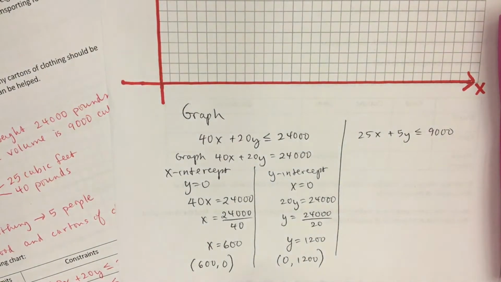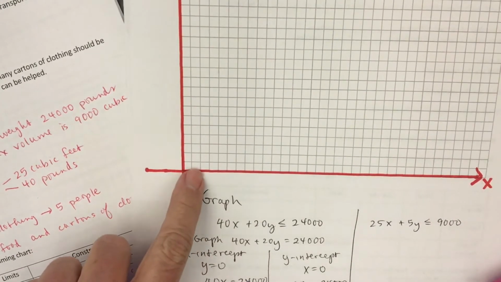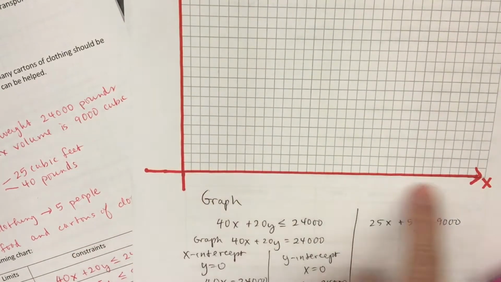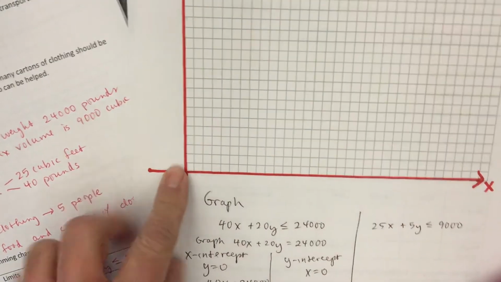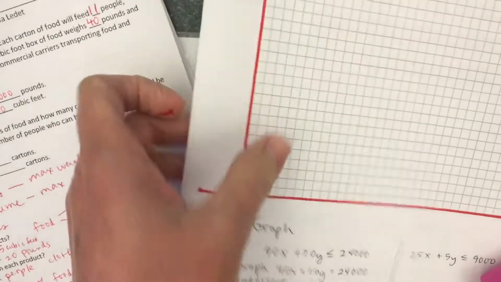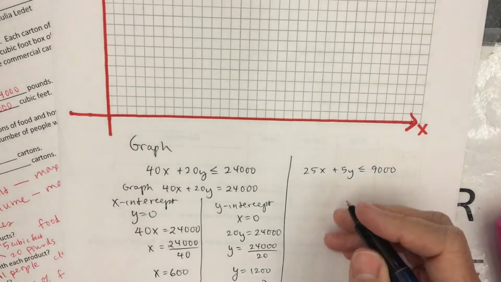I want to find the intercepts on the other line before I start messing with the xy axis. Because look, I cannot do 1, 2, 3, 4, 5, 6 all the way to 600. It's not feasible. And the same for the y-axis. So let me see what the numbers are, and that'll help me out with marking it off.